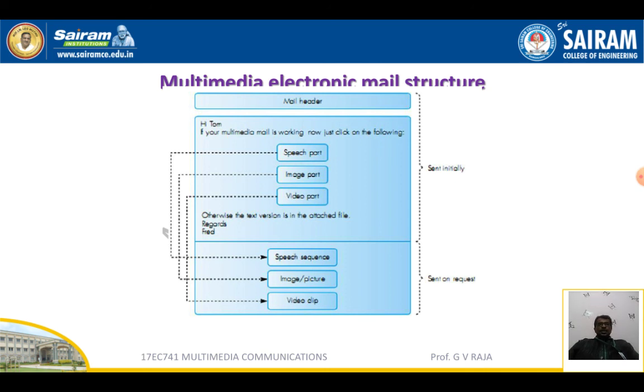In multimedia mail, the basic contents of the mail comprise textual information along with digitized images, speech messages or video messages. Speech and video can be sent either directly to the mailbox of the intended recipients with the original textual message, so they will be stored and played out in the normal way, or they may have to be requested specially by the recipients when the text message is being read.